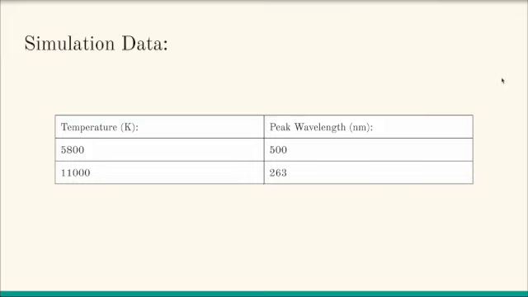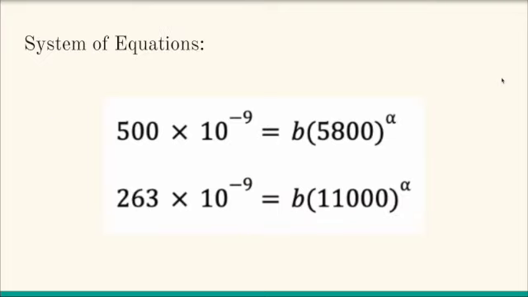Here we have our two coordinate pairs of temperature and peak wavelength, and here we enter them into a system of equations using the power law for Wien's law.